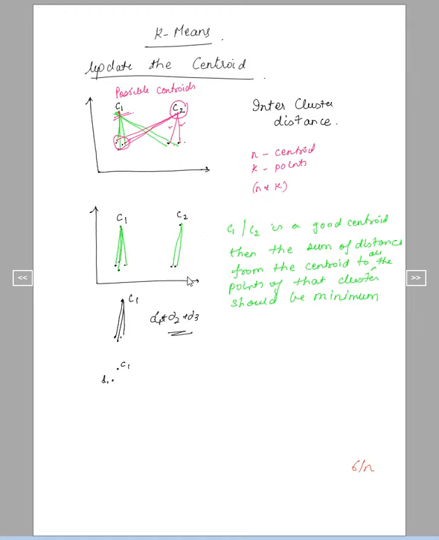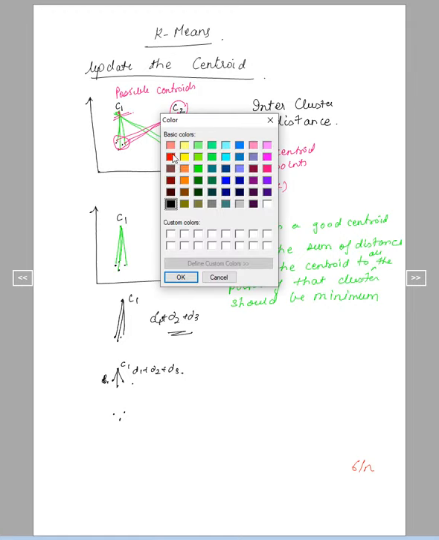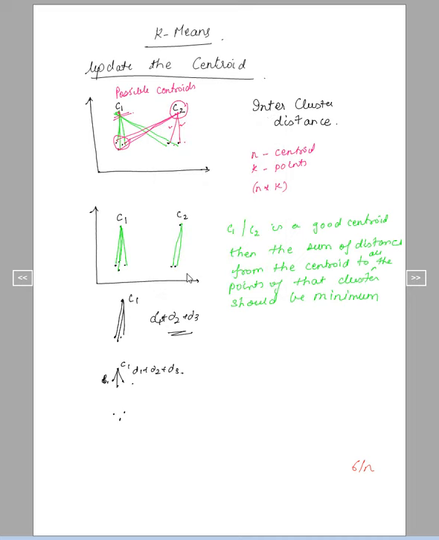This is point 1, 2, 3. So D1 plus D2 plus D3 is reduced. Eventually, this C1 will boil down to this particular point, and then the distances would be the minimum.